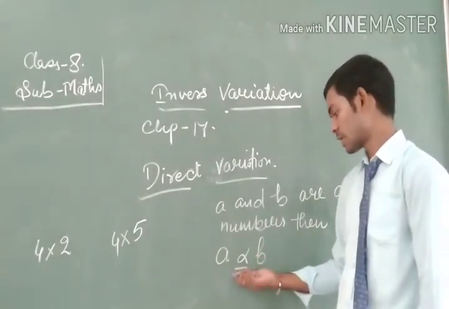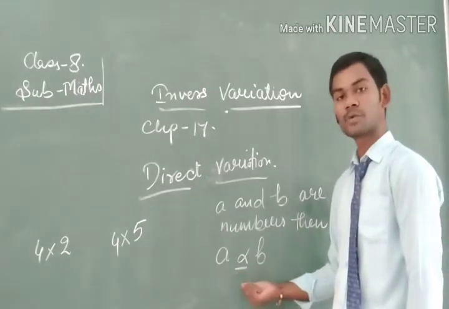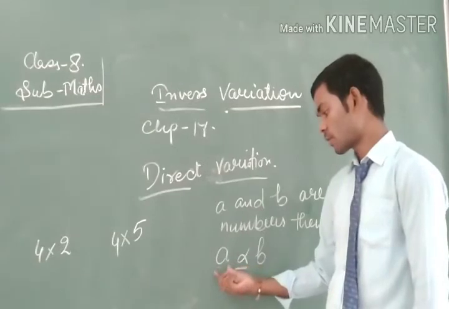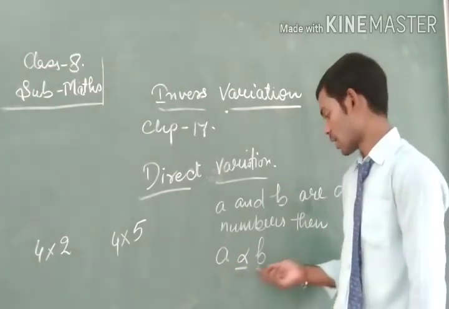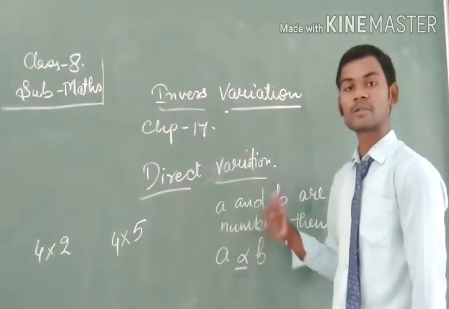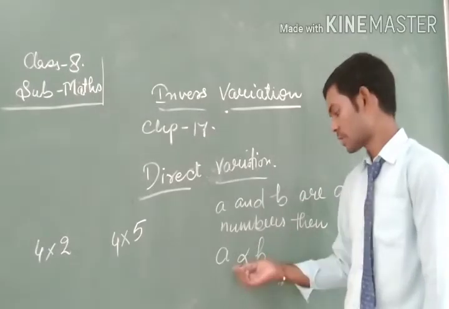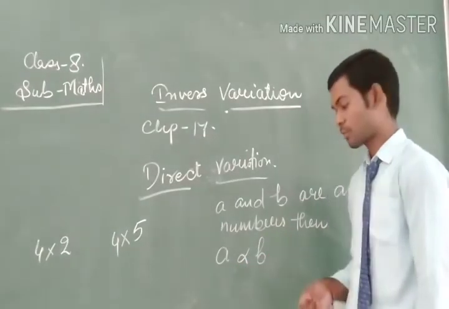So we say that the number A is directly proportional to B. That means if one number A increases, then the other number B will also increase in the same ratio.